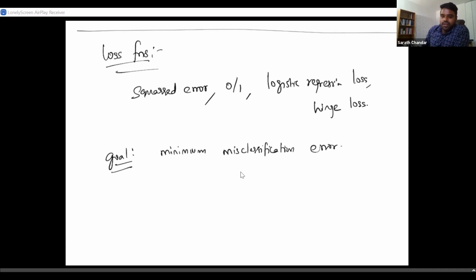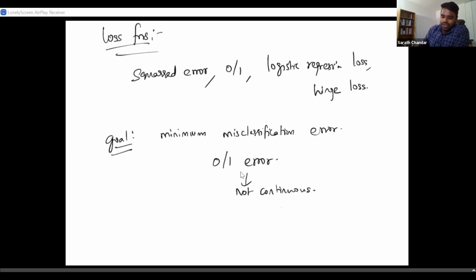And the problem with the 0, 1 error, as we discussed before during the perceptron lecture, is it's not continuous. And its gradient is 0 almost everywhere, right? So in general, it's very hard to minimize this error function.